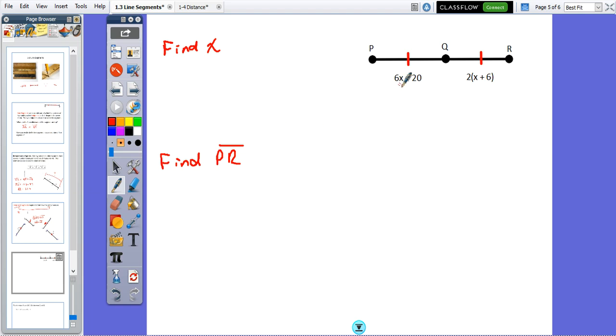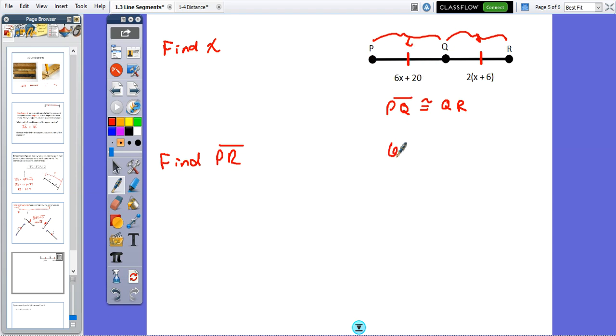All right, let's start with the first one. So we look at our picture right here, and we've got these little lines. That means that this segment right here from P to Q is congruent to the other segment that has the same little hash mark, from Q to R. So we can say PQ is congruent to QR. Well, it also says that PQ equals 6x plus 20.